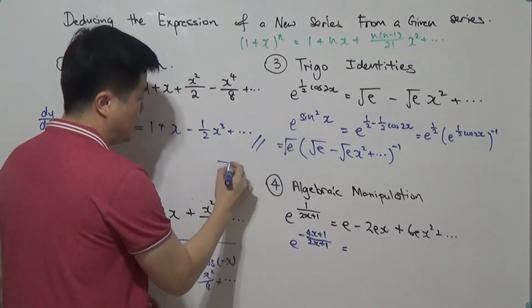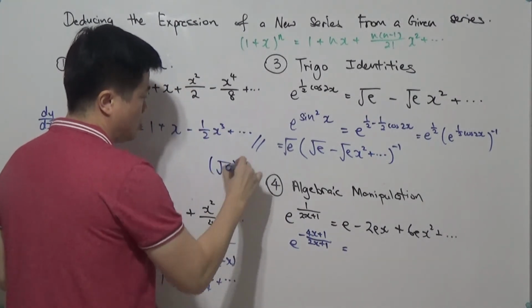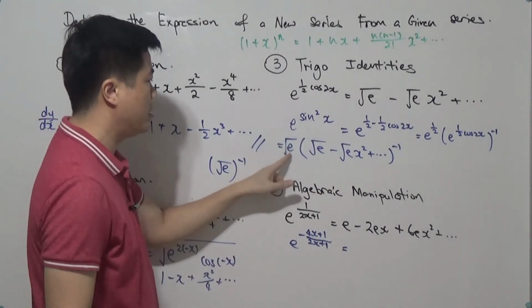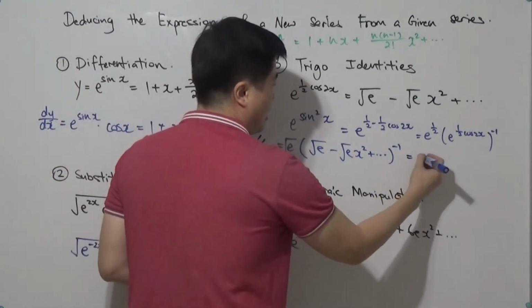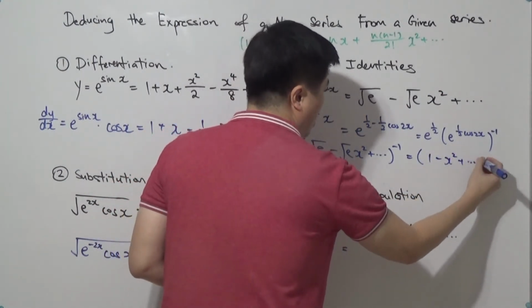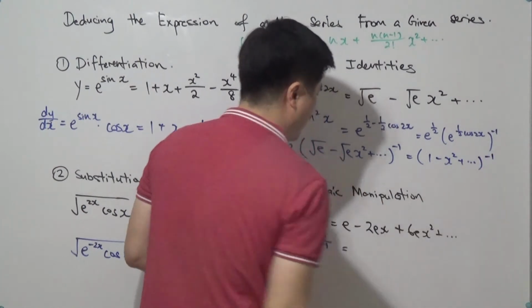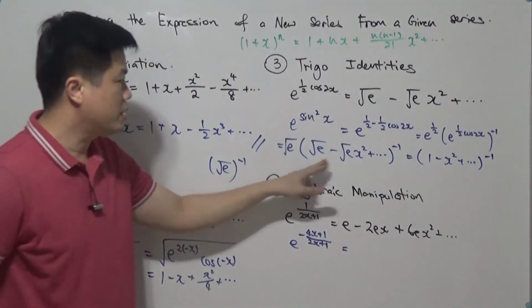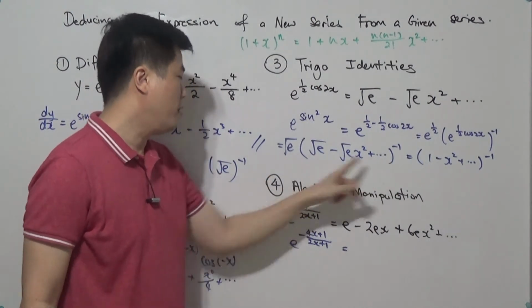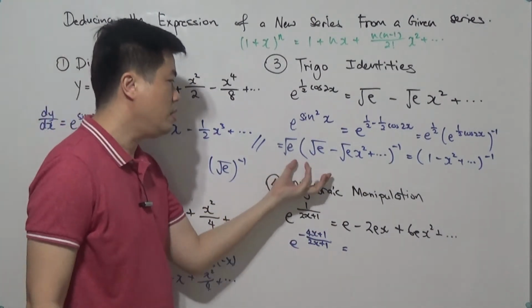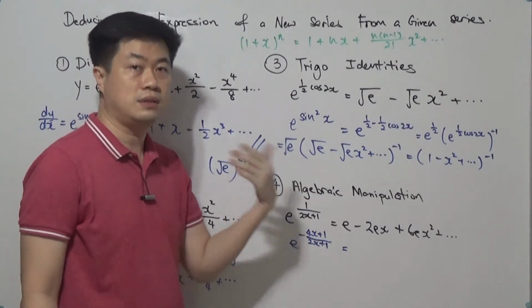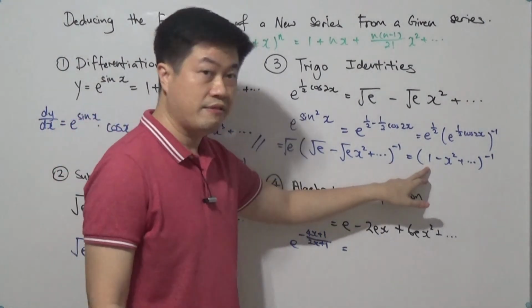So when you pull that out, it's actually square root e to the power of minus 1 for this one over here. Then when you multiply it with the square root e, it cancels out because it's equal to 1, and just leaves you with 1 minus x squared plus dot dot dot, to the power of minus 1. So then you have this.